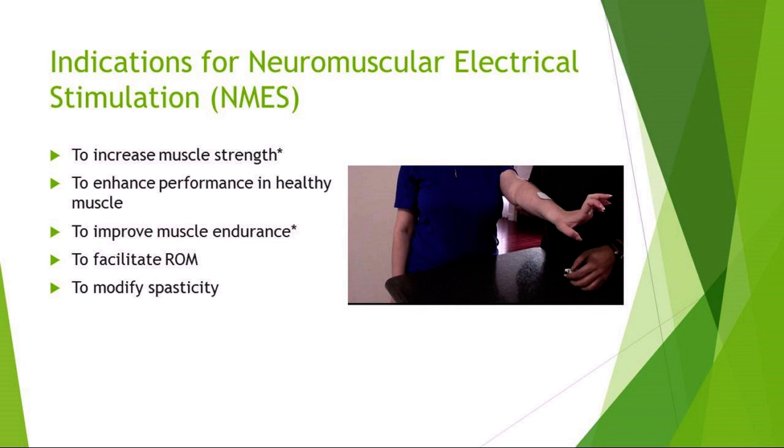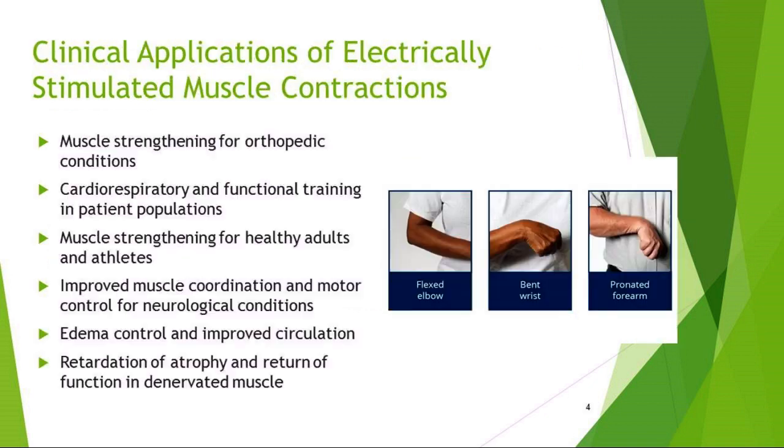Again, the indications we talked about before: increasing muscle strength, enhancing performance in healthy muscle, improving muscle endurance, facilitating range of motion, modifying spasticity. So you might be doing muscle strengthening for orthopedic conditions.